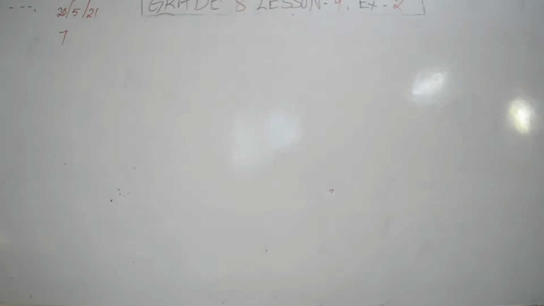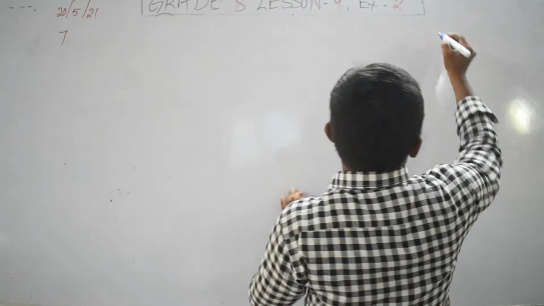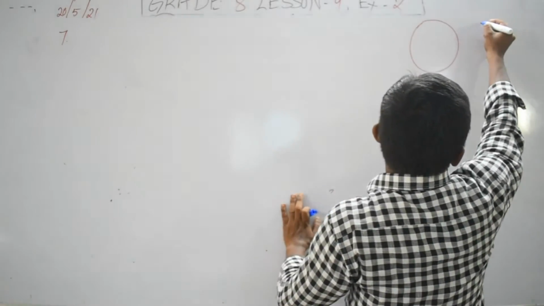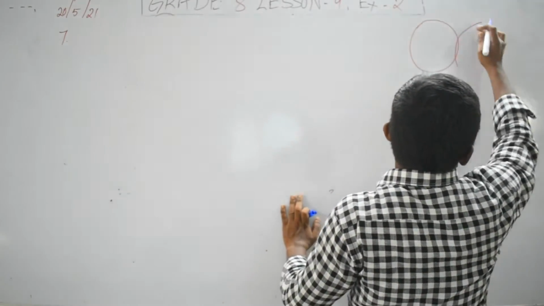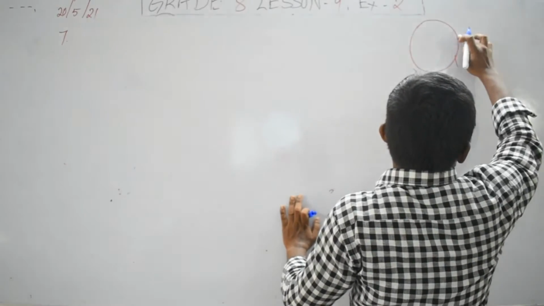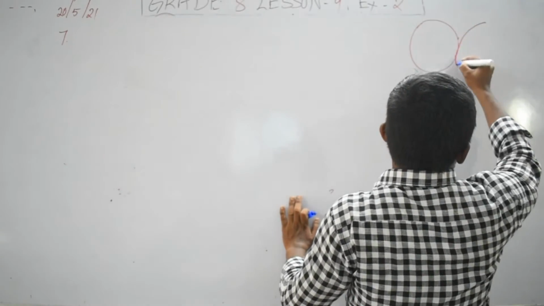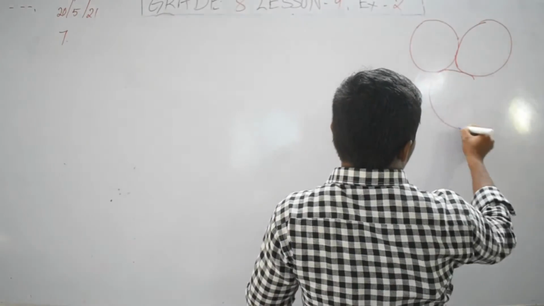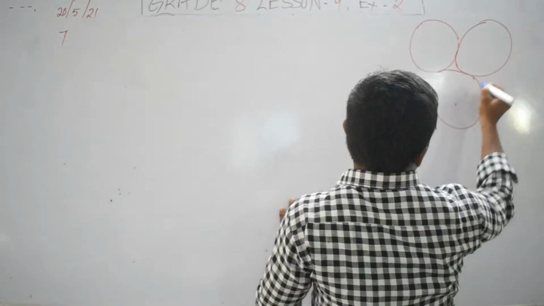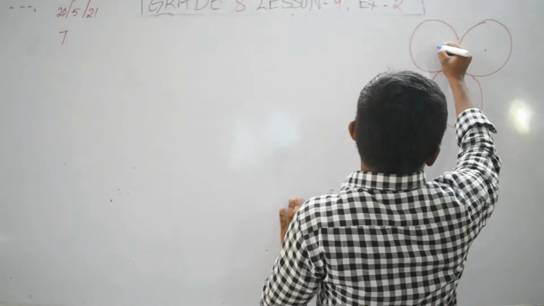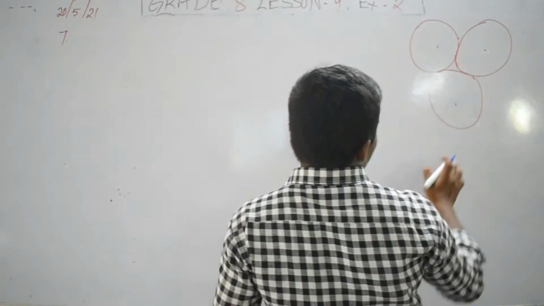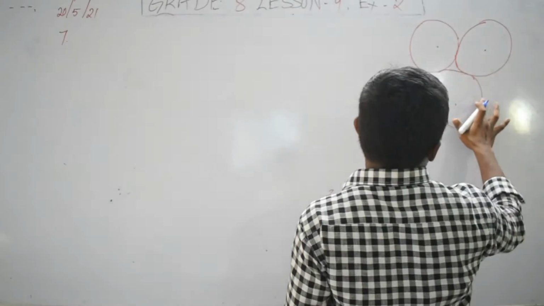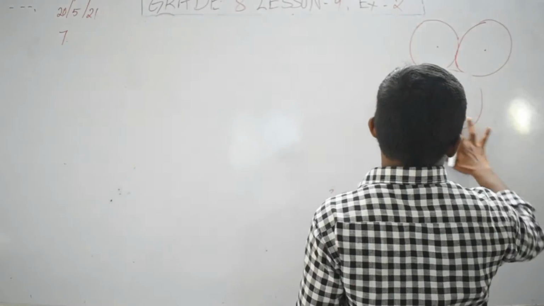Here, see, a triangle is given, and 3 circles are given. These 3 circles connect externally, and they are forming one triangle.